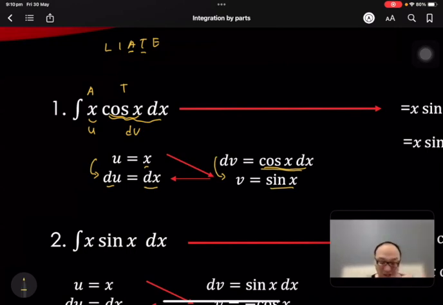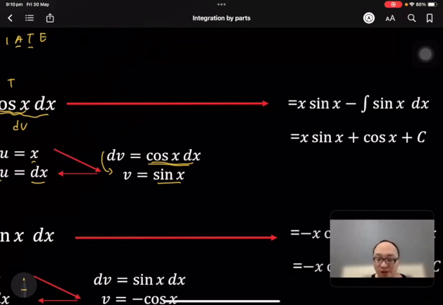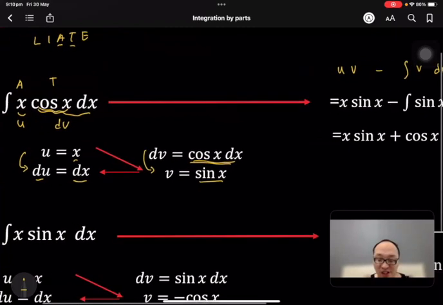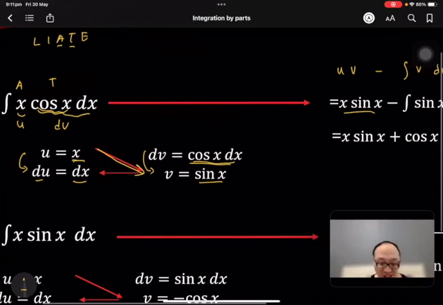Now we put into the formula of integration by parts: uv minus integral v du. So uv is x times sin x, minus integral v du. I put it this way so you can see the order of the arrows.